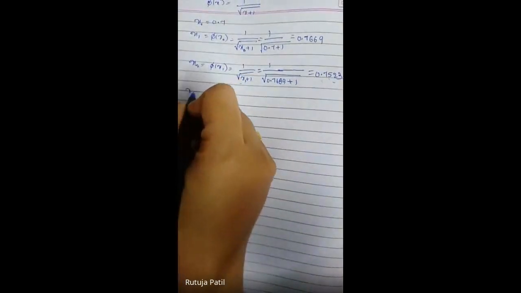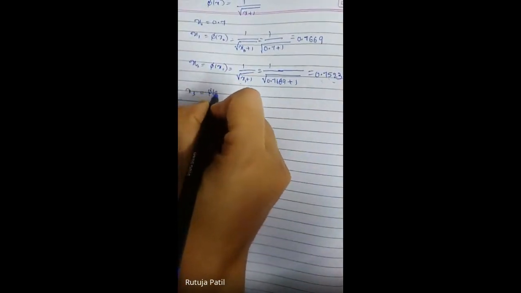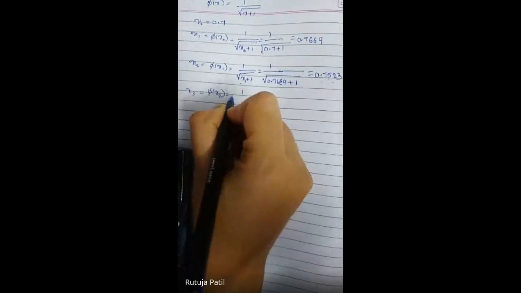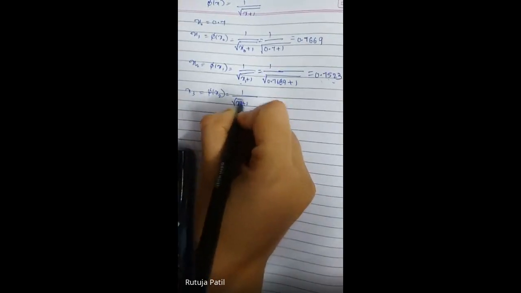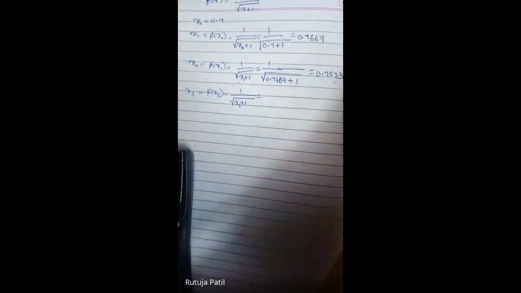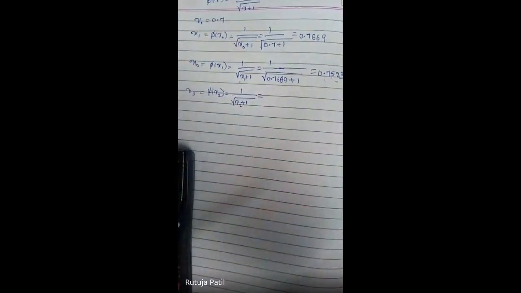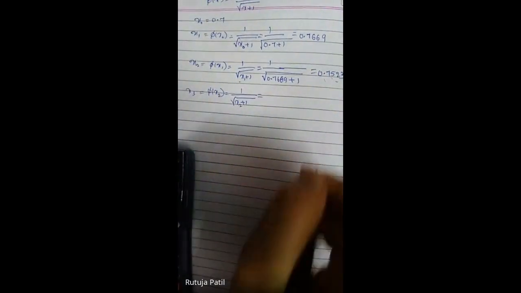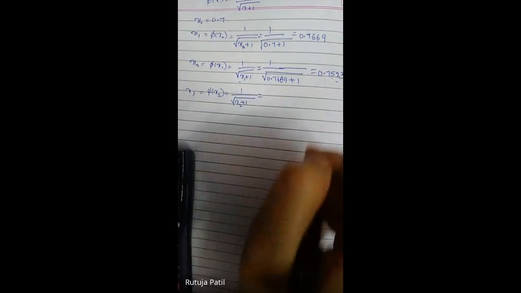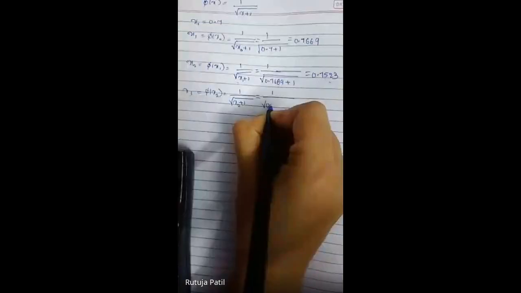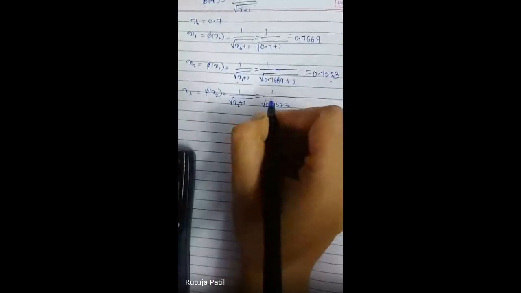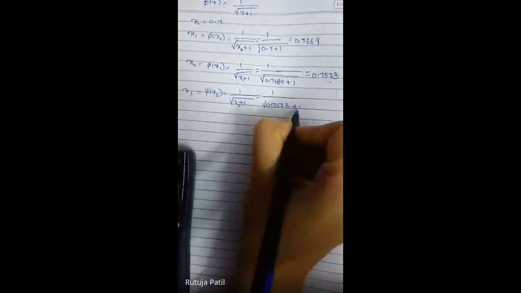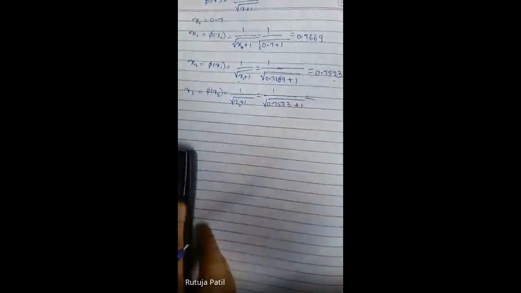Now x3 is psi of x2, right? So 1 divided by square root of x2 plus 1. What is the x2 value we found? 1 divided by square root of 0.7523 plus 1.